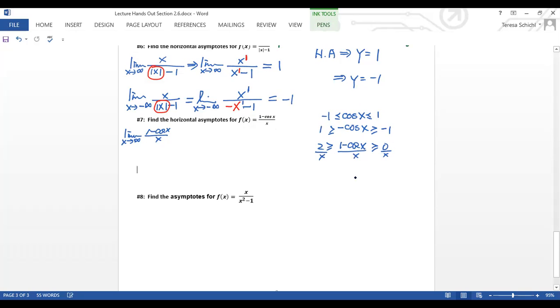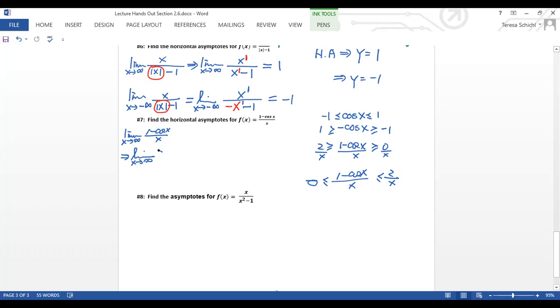Let's switch it to make the signs a little better. So 0 is less than or equal to 1 minus cosine x over x, which is less than or equal to 2 over x. The 0 over x is always 0. So now I can say the limit as x approaches infinity here, right?